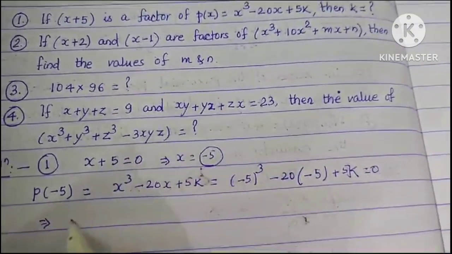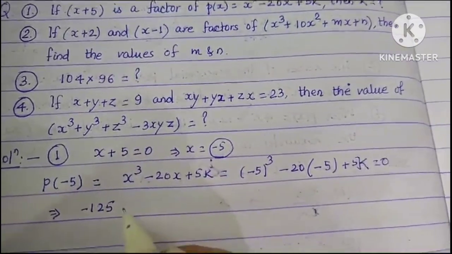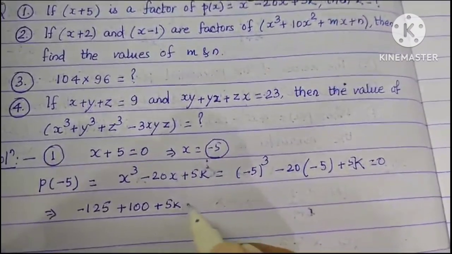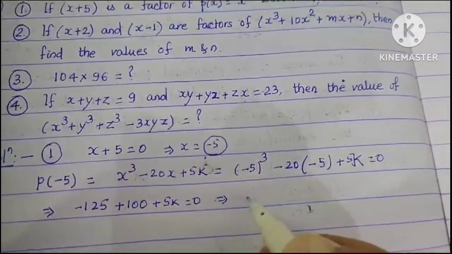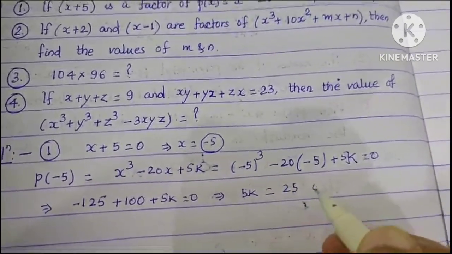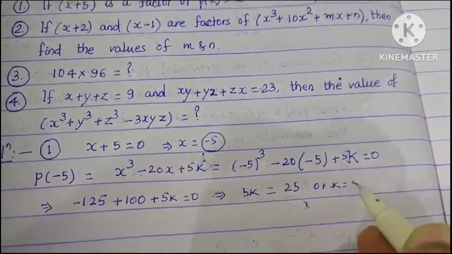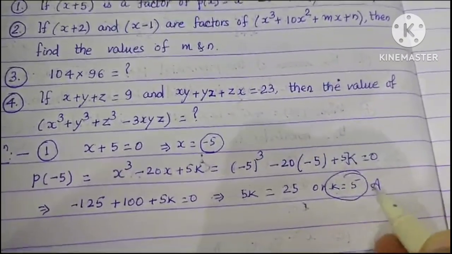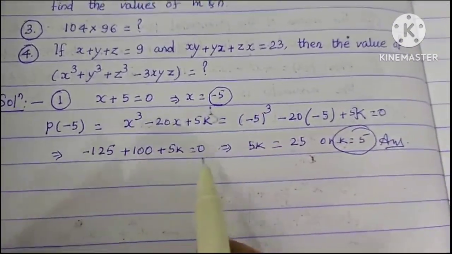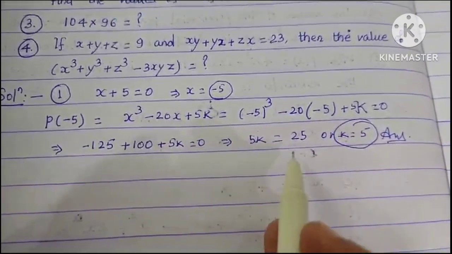This implies minus 125 plus 100 plus 5k is equal to 0. This implies 5k is equal to 25, or k equal to 5. This will be the answer. 125 minus 100 is 25, 5k equal to 25, k equal to 5.